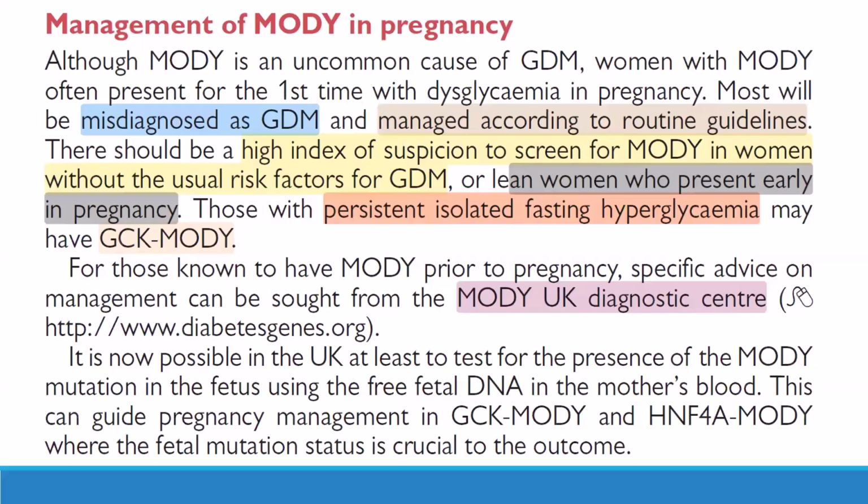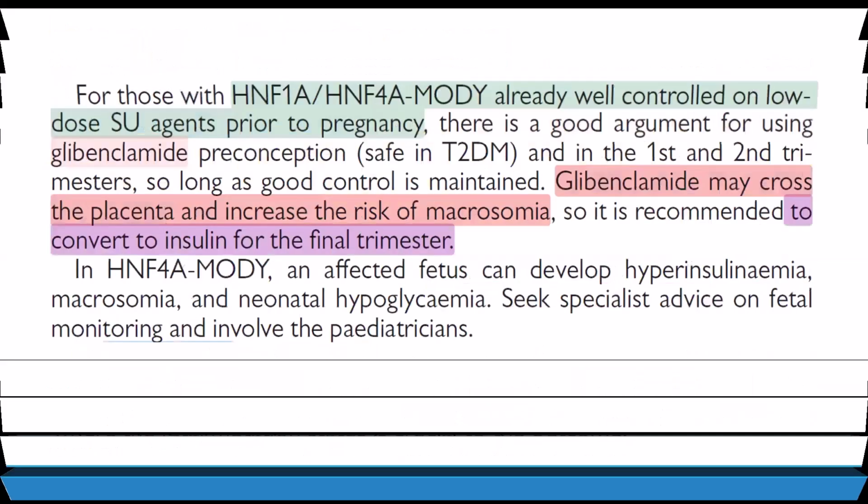As I mentioned, regarding the treatment of MODY during pregnancy, glucokinase may be diagnosed as GDM and require insulin therapy during pregnancy in some situations. And don't forget that HNF1 alpha and HNF4 alpha can be treated with the sulfonylurea glipizide during pregnancy, if not, they require insulin therapy.